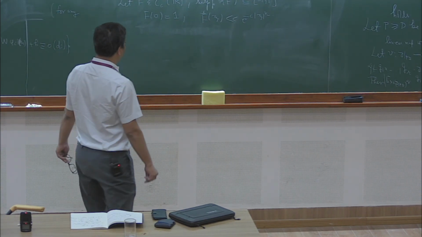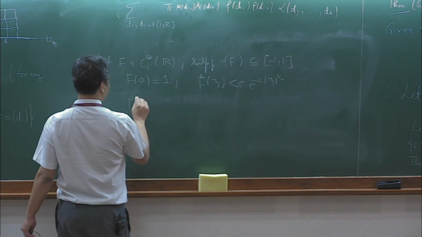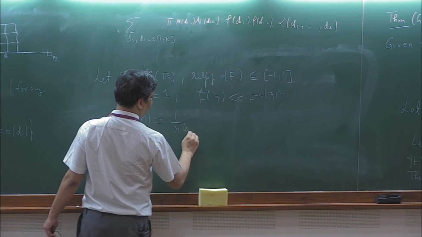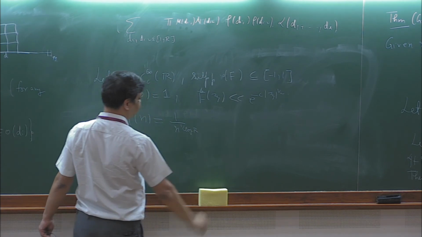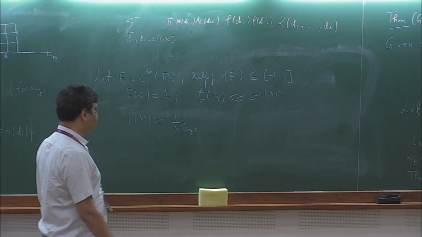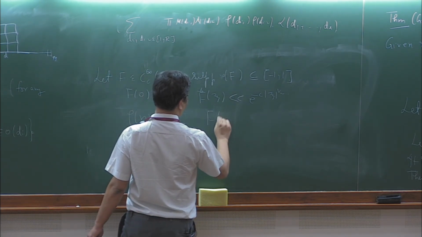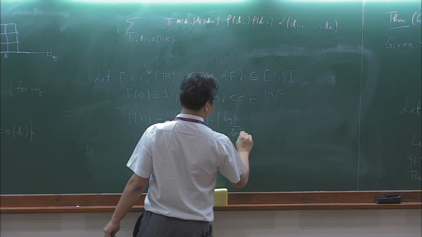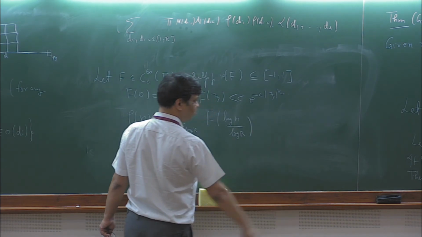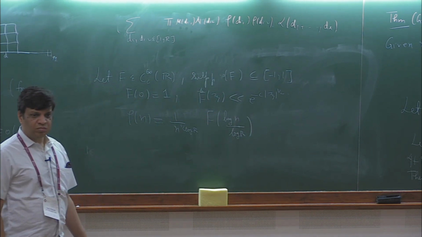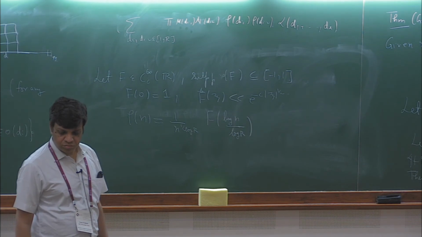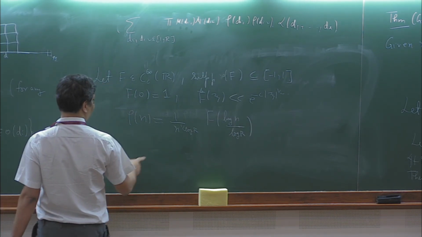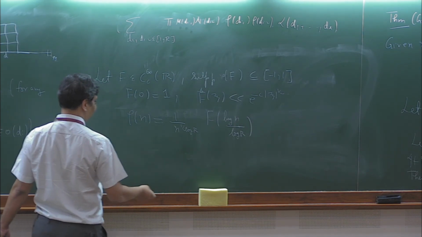Then I will choose my rho(n) to be equal to 1 by n to the power 1 by log R, times f of log n by log R. What is the advantage of choosing this function in such a funny manner?